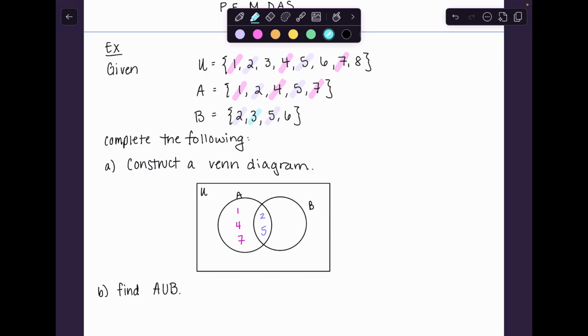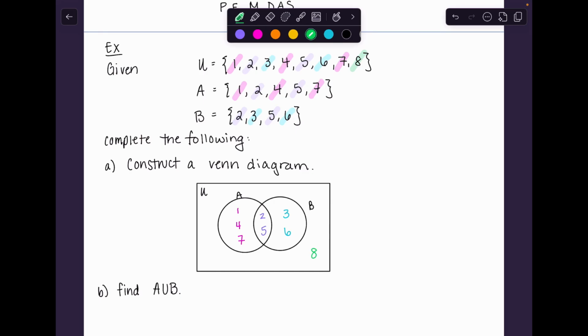And then finally, 3 and 6 are unique to B. They get placed off to the right. Last but not least, I have a single number that hasn't been used, which is 8. So that belongs on the outside.